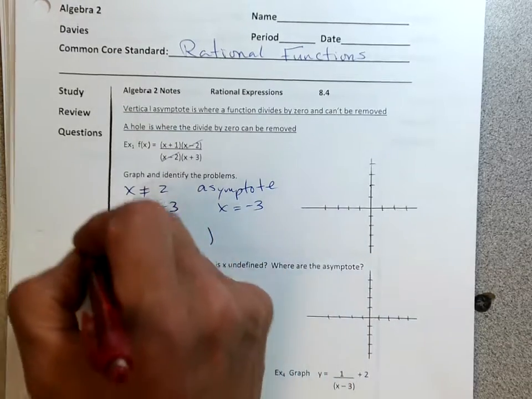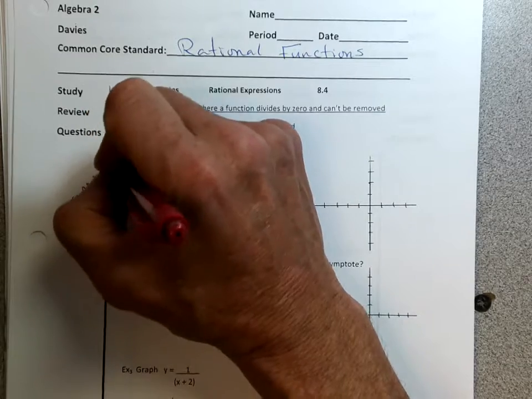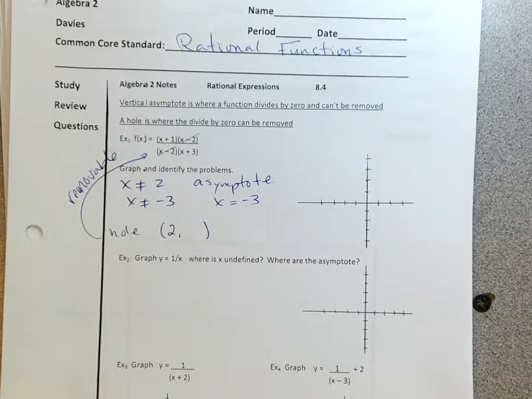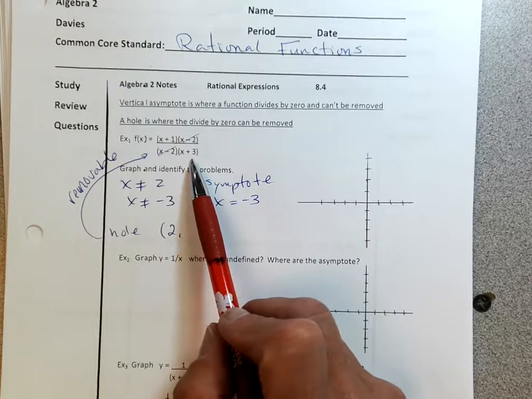Since my x minus 2 is removable, that's my hole. If you can get rid of the problem, if you can remove it, that's the hole. If you can't get rid of it, you're stuck with it, it creates an asymptote.